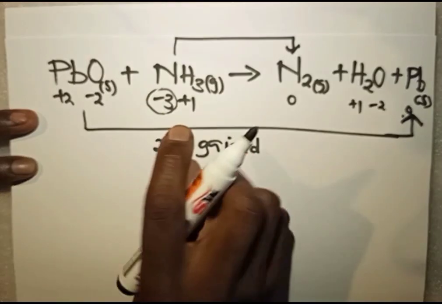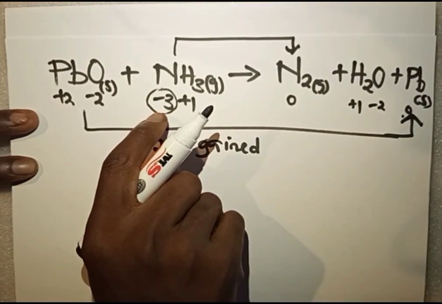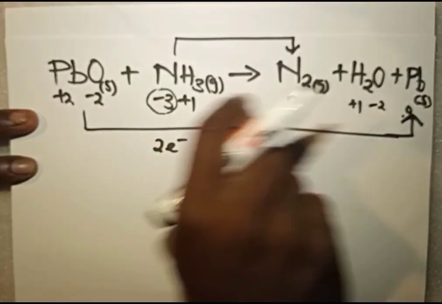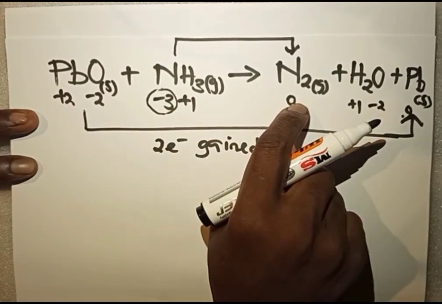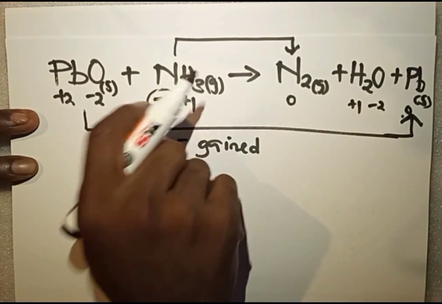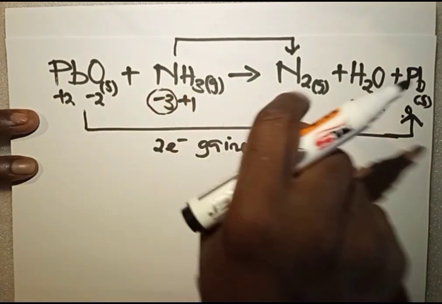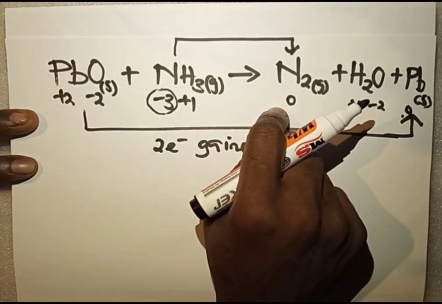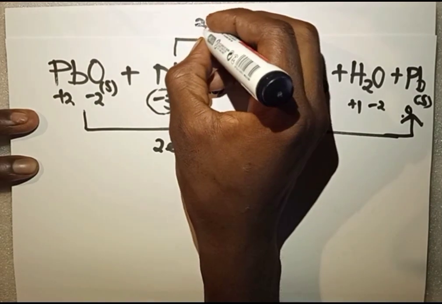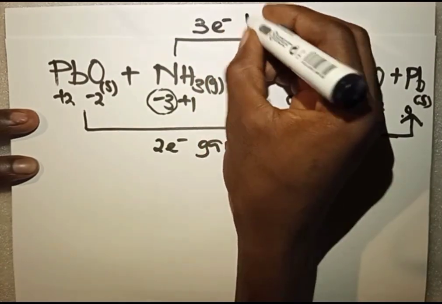The oxidation number has increased from -3 to 0. It is increased because negative is smaller than 0. So meaning 3 electrons were lost for it to reach this 0 neutral stage. So what has happened? 3 electrons were lost.